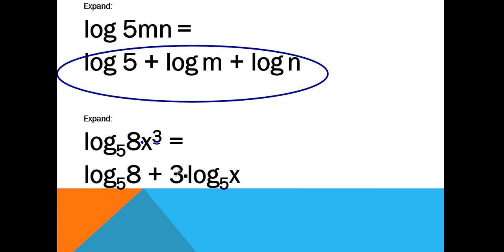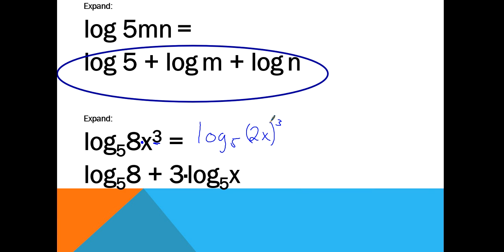Now, if it was written this way, if you had log base 5 and this was 2x cubed like that, it would look a little different. Okay, and you'll agree with me, 2 cubed is 8.